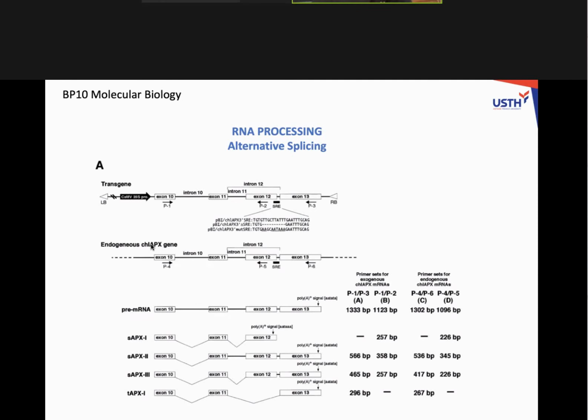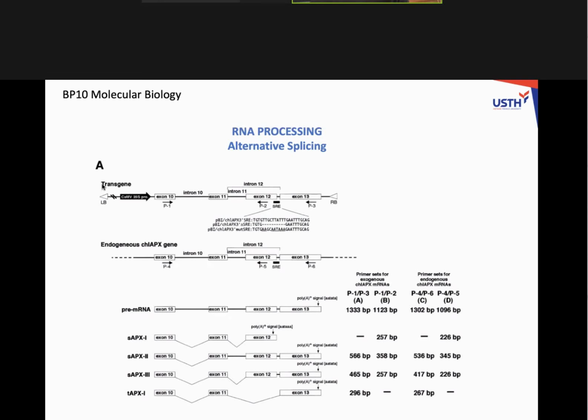APX stands for ascorbate peroxidase. It's an enzyme that is implicated in detoxifying oxidative stress in plants. It's very important, and there is only one gene; the gene exists only in one copy.